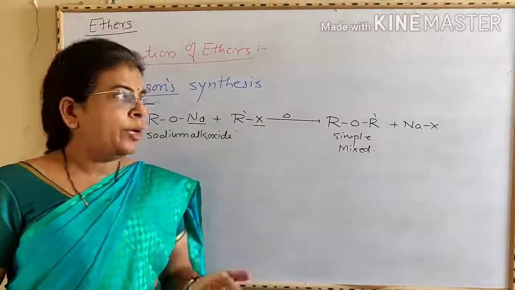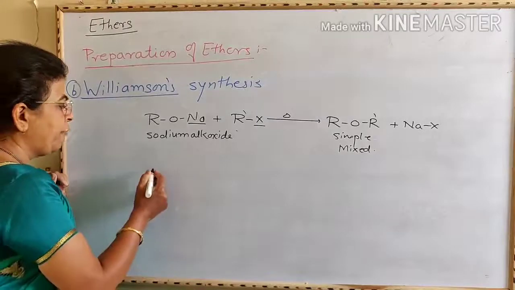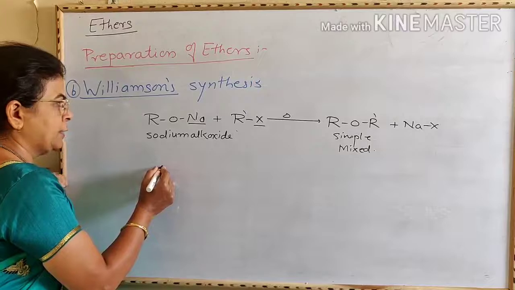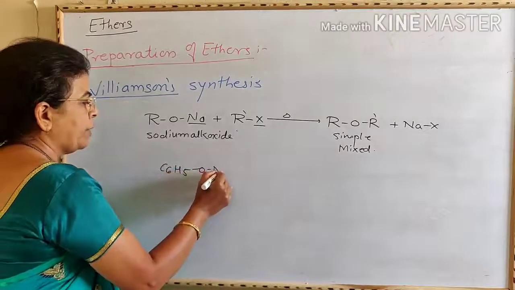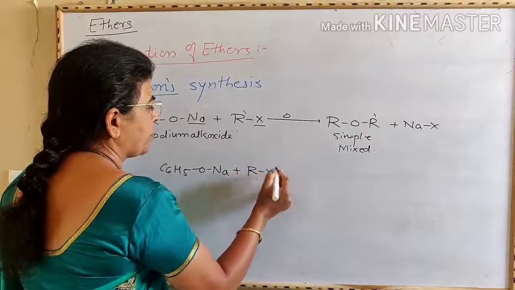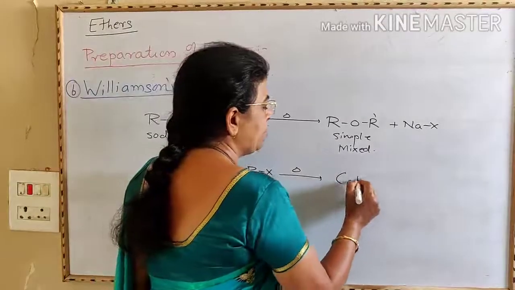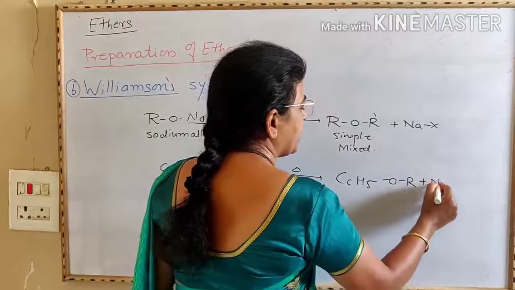We can also prepare aryl ethers by using this method. When sodium phenoxide, that is C6H5ONa, is treated with alkyl halide, then we'll get C6H5OR plus NaX.